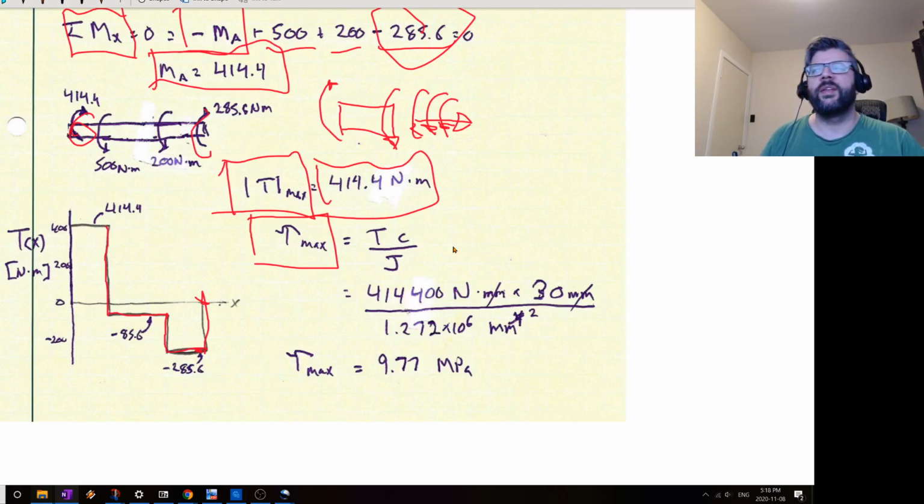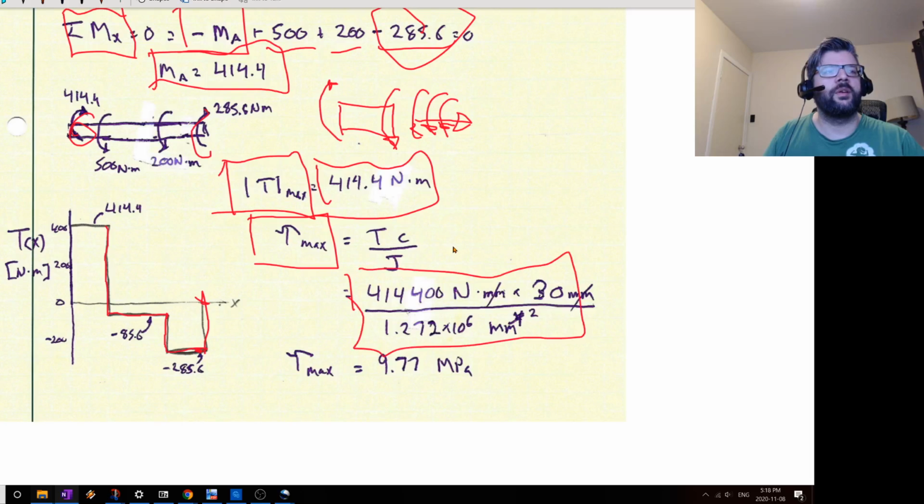So based upon that, we can figure out what the maximum stress level that we're going to be seeing is. So that'll be T times the radius divided by J. Just plugging those values in here allows us to solve for our tau max. Our largest shear stress is 9.77 megapascals. And yeah, that's that.